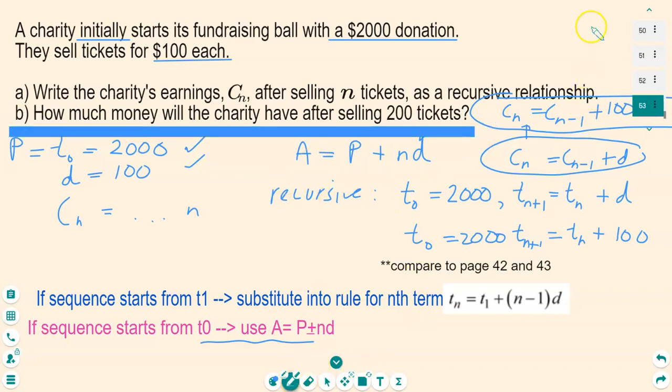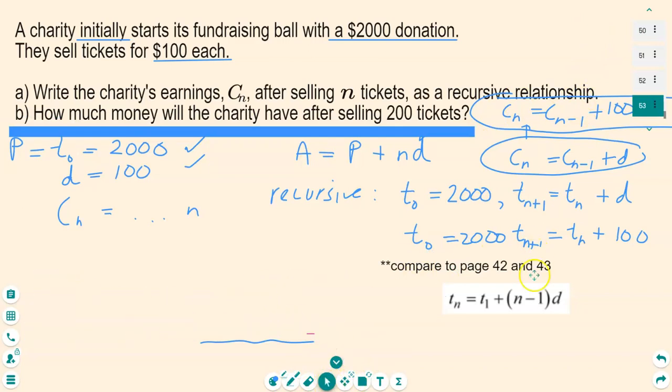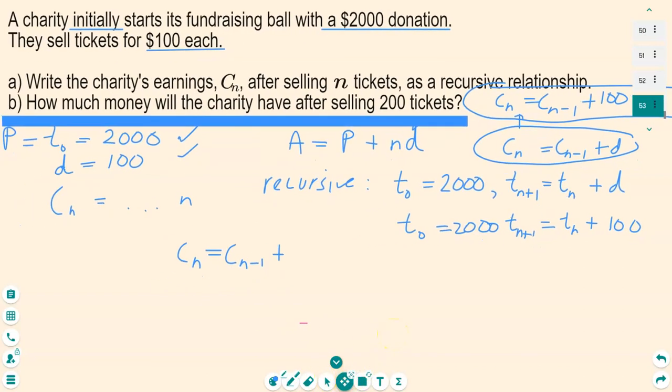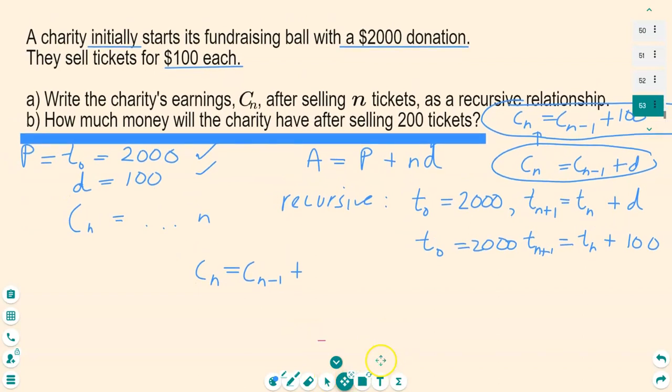After selling 200 tickets. Well, let's delete all this first of all. All right. Using this recursive formula, Cn equals Cn take 1 plus, well, actually, see how it says after selling 200 tickets? That's going to be a lot of using that recursive formula.